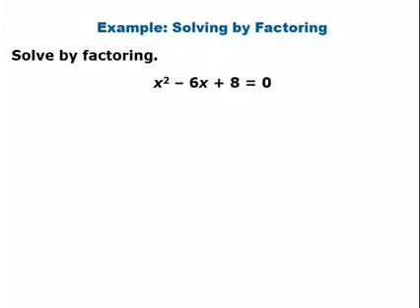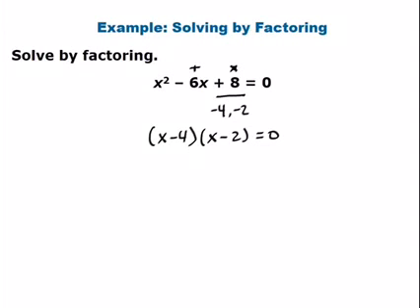So in our first example here, we've got x squared minus 6x plus 8. We don't have a leading coefficient, so this is the quick factoring one, where we're just looking for the factors of c that add up to be b. So we need them to multiply to be 8 and add up to be negative 6. Well, I know that this is going to be negative 4 and negative 2. So I create my two binomials, x minus 4 and x minus 2.